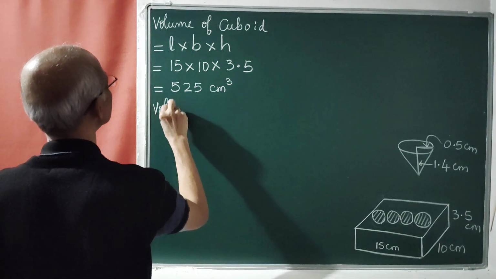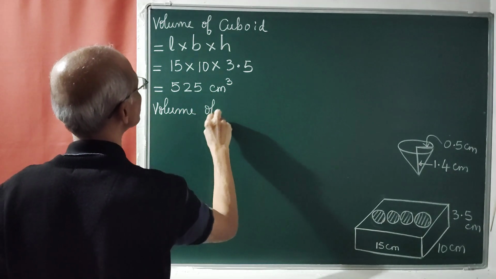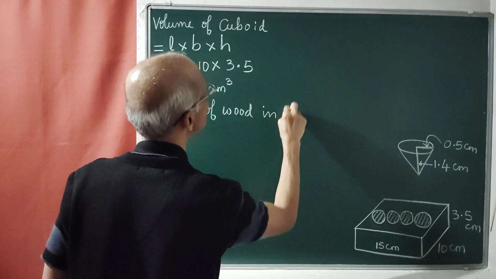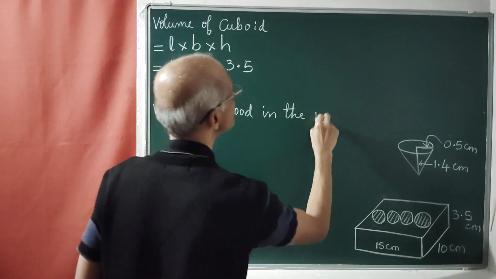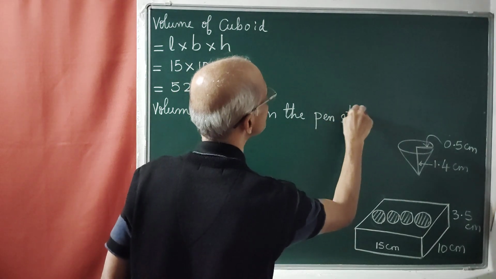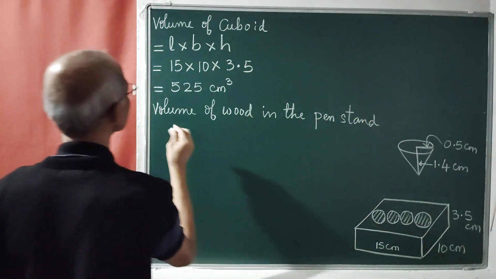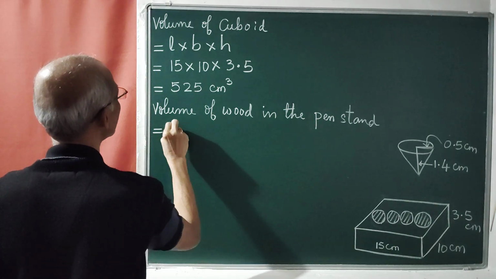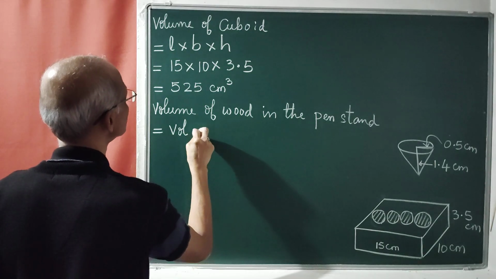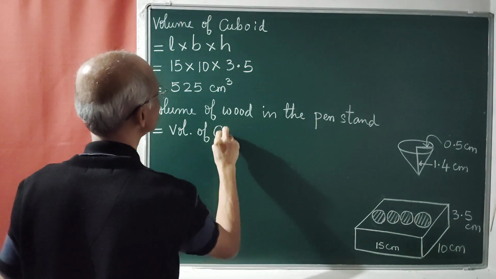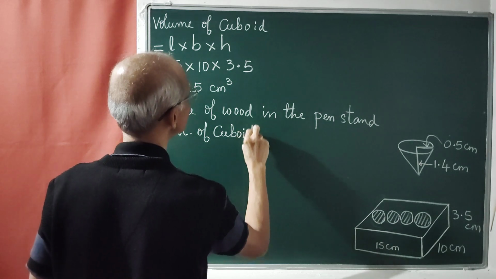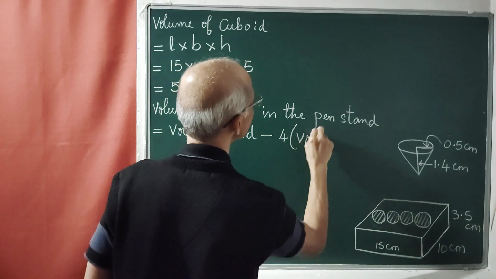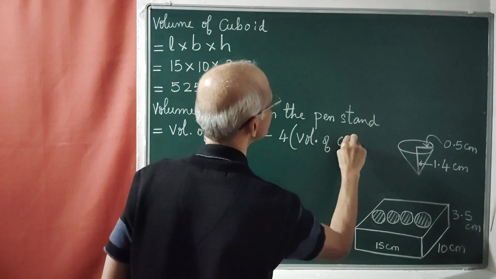Volume of wood in the pen stand is equal to volume of cuboid minus 4 into volume of cone.